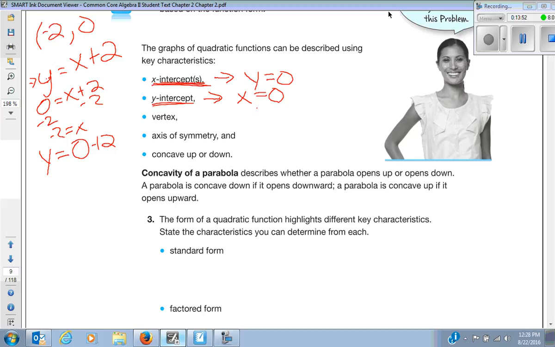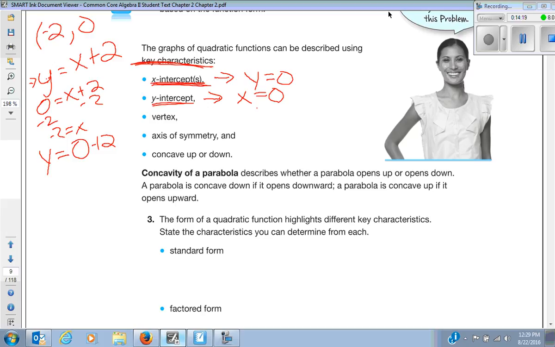This is only to find the x-intercept. So if I said find the x-intercept, you would plug in y as 0, and that would get you your x-intercept. If you wanted your y-intercept, you would plug in 0 for x, and that would get you your y-intercept. All the other points aren't key. We are talking about key characteristics because sometimes you're going to have intercepts, sometimes we won't, and we'll talk about that too. But these are just the key components.